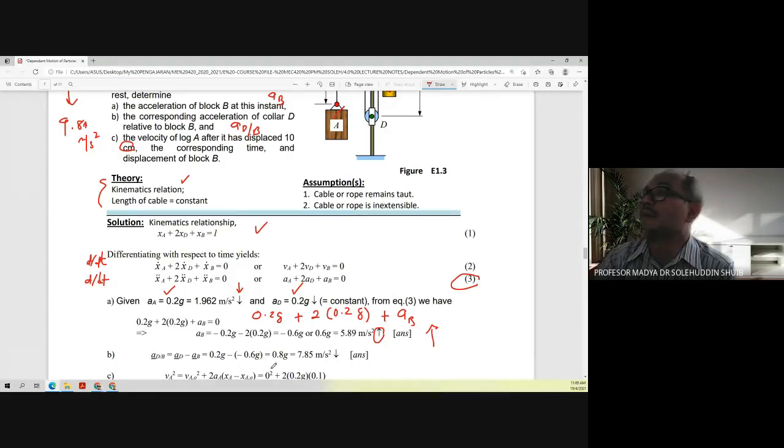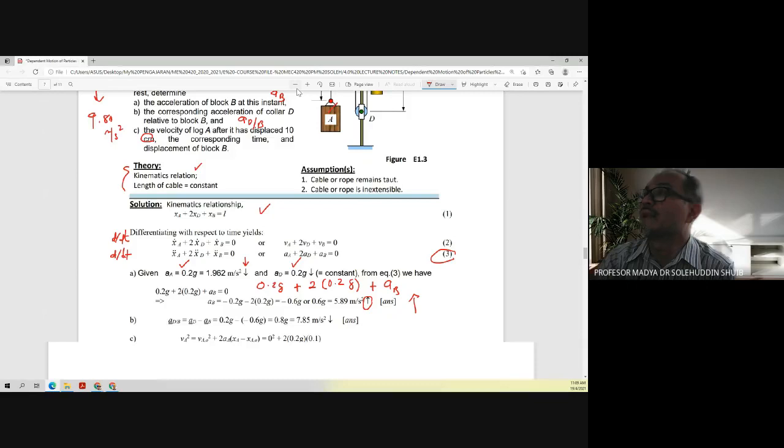And then we proceed with relative acceleration.